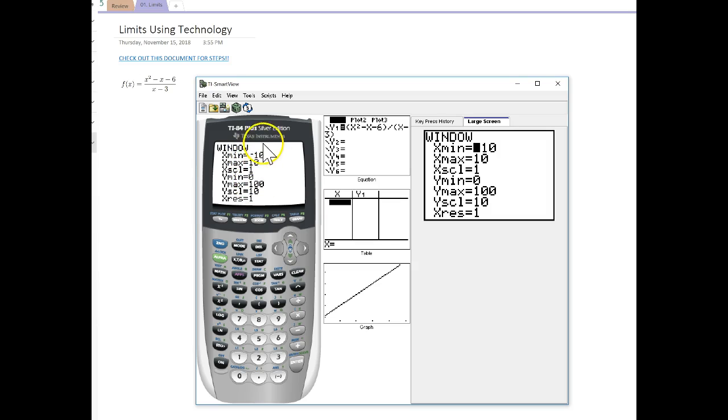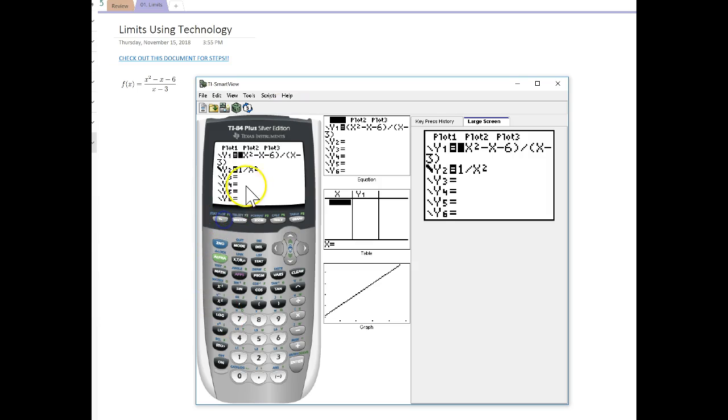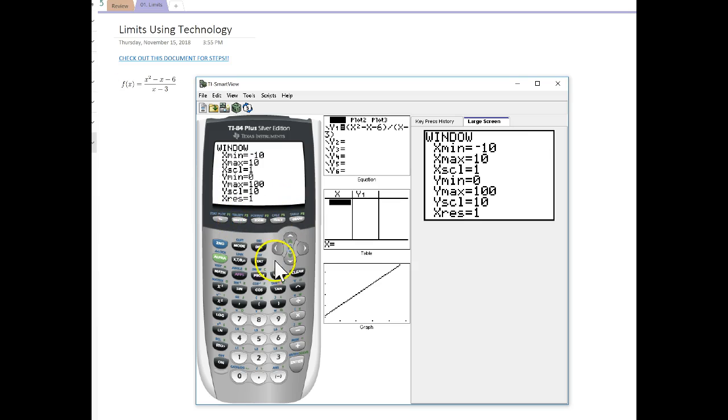So maybe my x minimum might only be like -2, because I really want to zoom in. Oh, right, it's the problem with using this on my computer. Okay, -2. Enter. +2. I'm okay with a scale of 1 there.